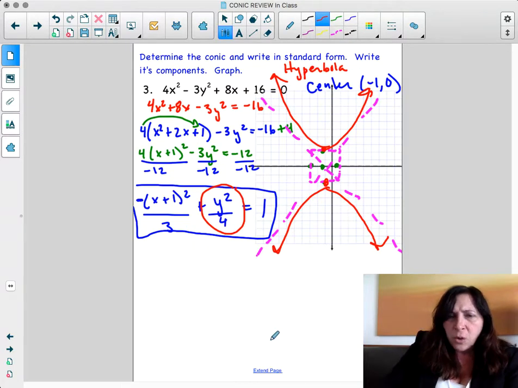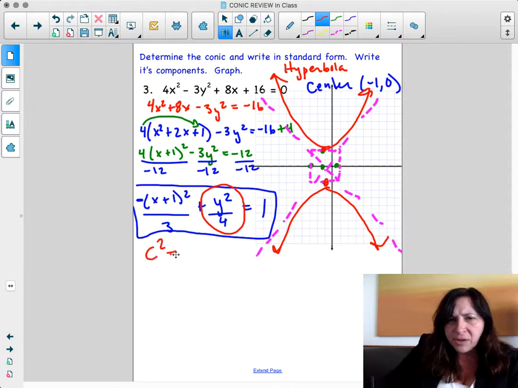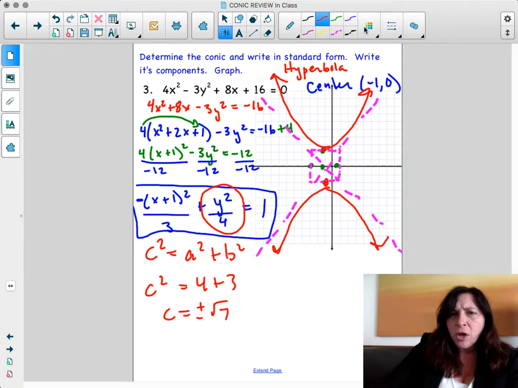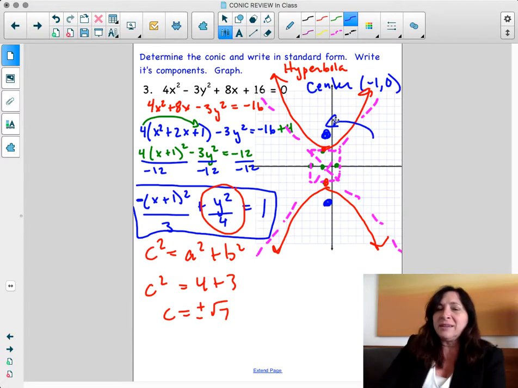Okay, so let's see. We also have focal points. And so we have c squared is equal to a squared plus b squared. So c squared is going to equal, a squared is the positive, so 4 plus 3. So c equals plus or minus the square root of 7. That means that my focal points are going to be up here and down here. Exactly where they are, you are going to need to know.